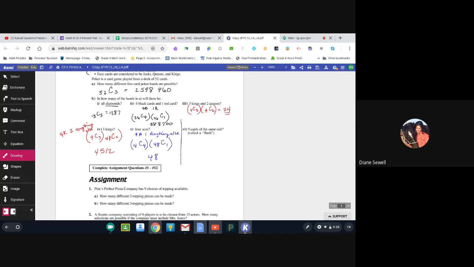What if you want 5 cards of the same suit? Ooh, that means I could have 5 clubs, 5 diamonds, 5 hearts, or 5 spades. Okay, that's your options. So to get 5 clubs, there's 13 of each suit, so 13 choose 5.